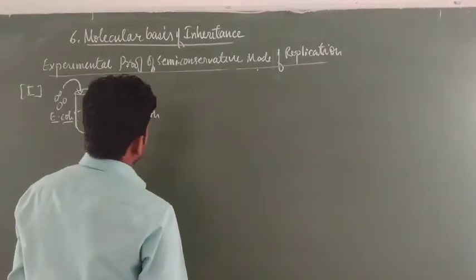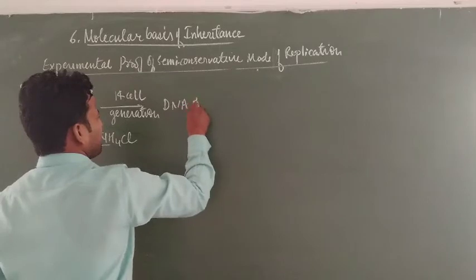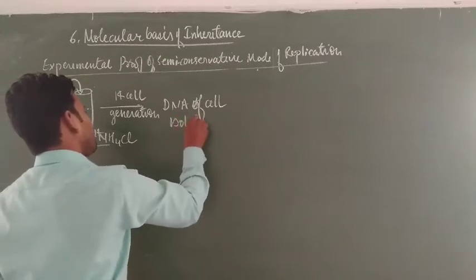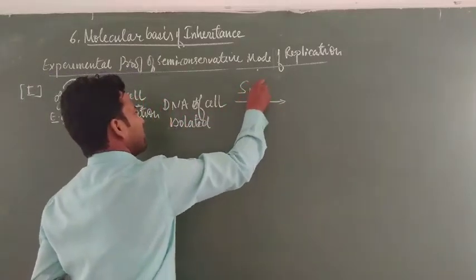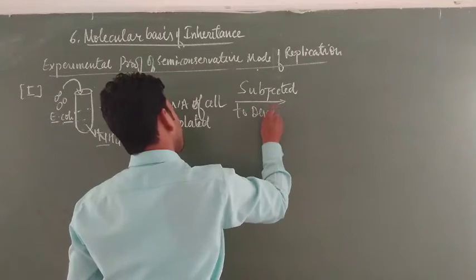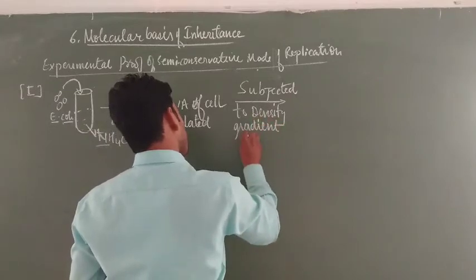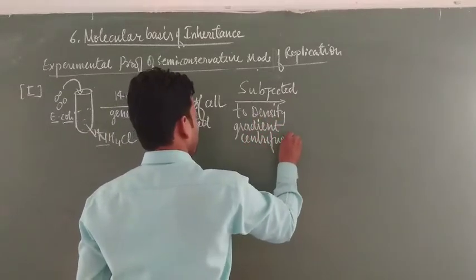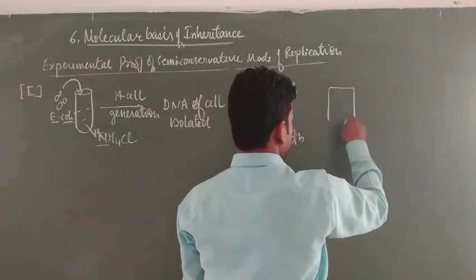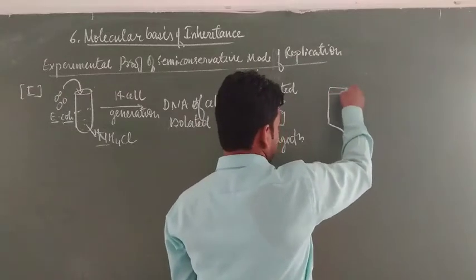because nitrogen is an important constituent of the DNA. It is found in purine as well as in pyrimidine bases. Now, the DNA of the cells is isolated and subjected to density gradient centrifugation, and they observe the band formed after density gradient centrifugation is a light band at this zone.